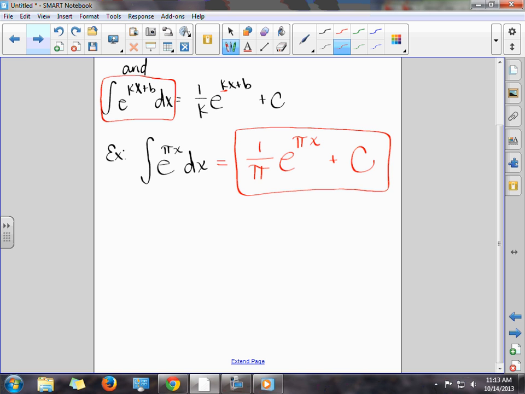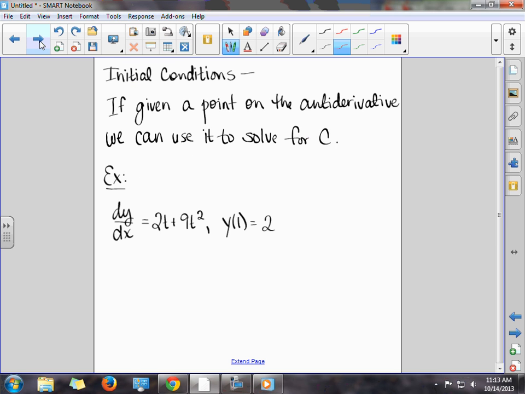Now we actually have a method for determining what c is if we are given a point on the antiderivative. If we're given a point, we can use it to solve for c. What we would do is find the antiderivative. Let's write down some stuff.